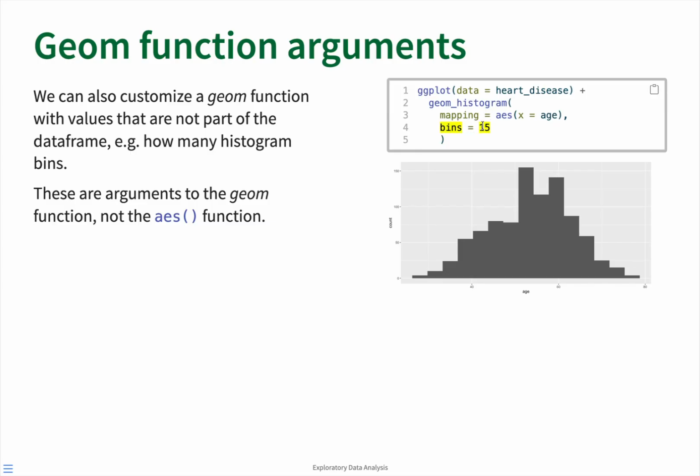However, 15 is not a column of the heart disease data frame. It's just a value that we've picked. So this bins argument is actually an argument of the geom_histogram function. It does not go inside the aesthetic function because it's not an aesthetic mapping of a column of data to an aesthetic of the layout.